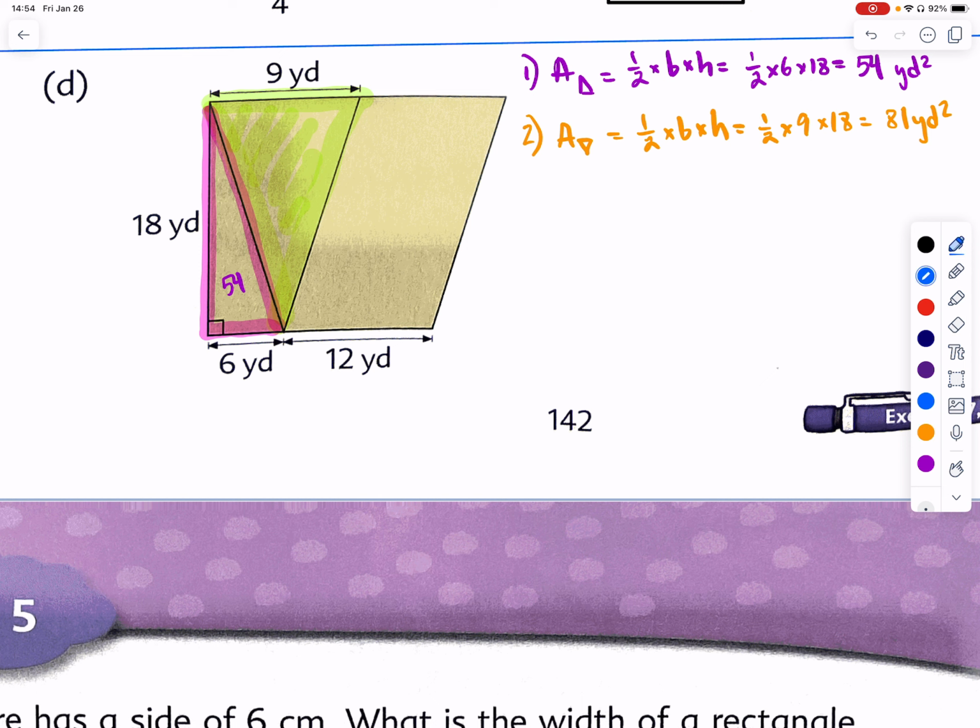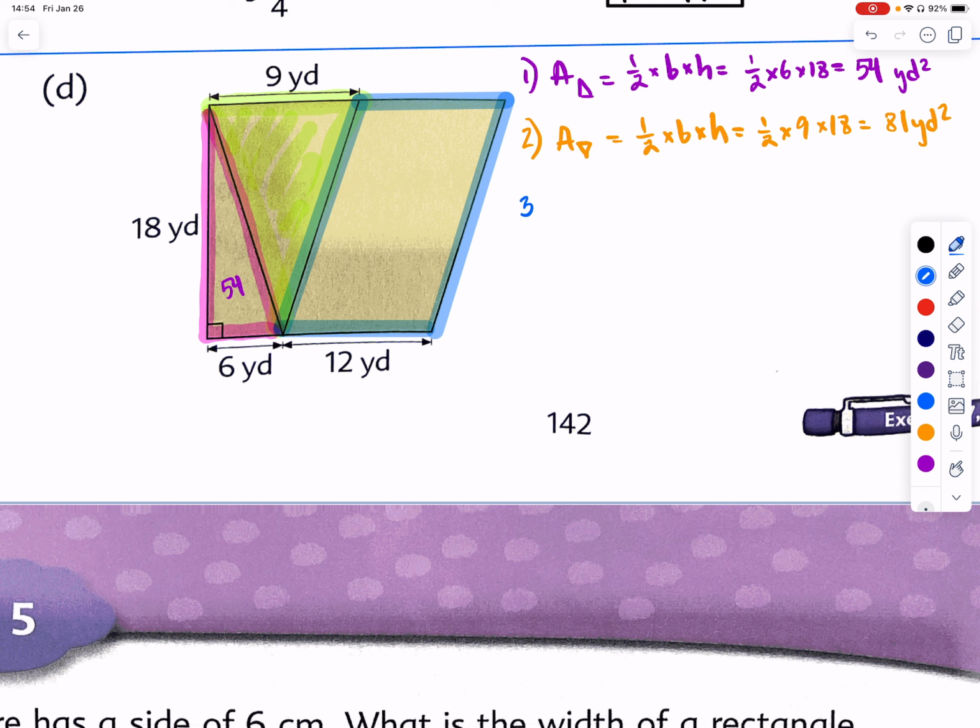And finally, let's consider the next shape, and that is a beautiful parallelogram. Let's see the parallelogram, part 3. Area of a parallelogram, we just multiply base times height. Well, we do have a base, and that's 12. Let's find a vertex opposite of the base, doesn't matter which one, and let's drop the perpendicular line down to the base.